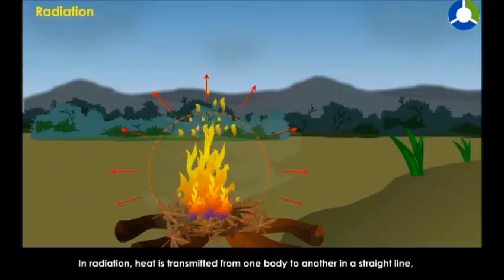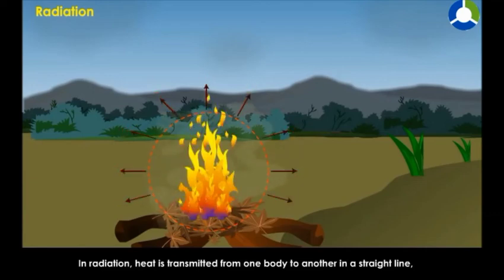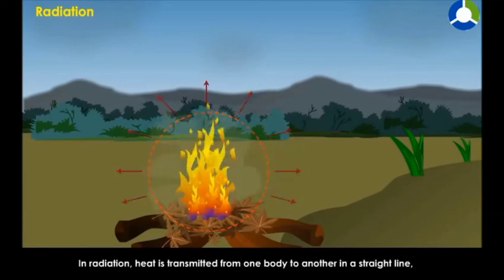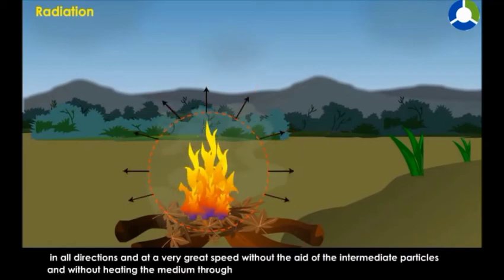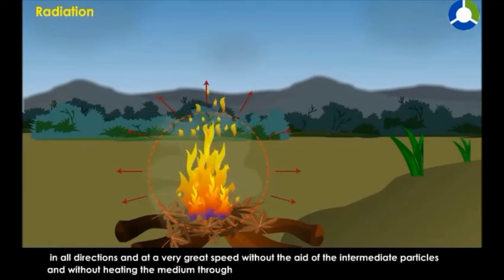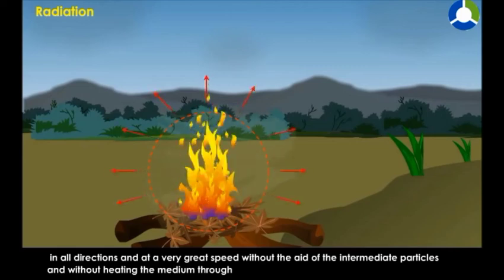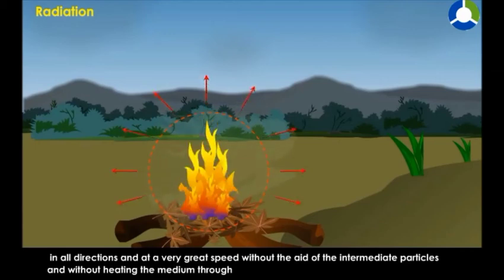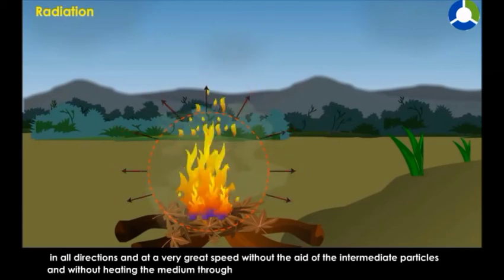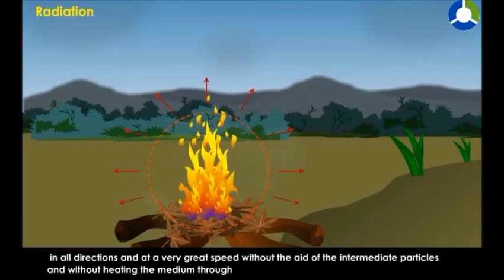In radiation, heat is transmitted from one body to another in a straight line in all directions and at a very great speed without the aid of intermediate particles and without heating the medium through which it passes.